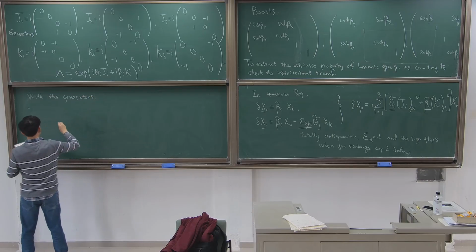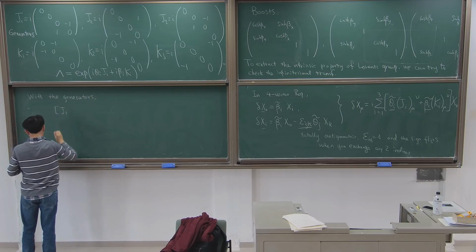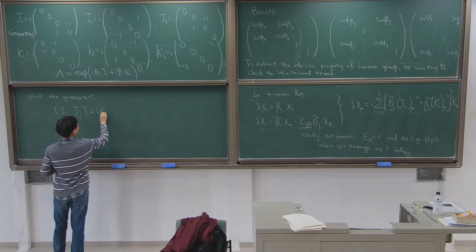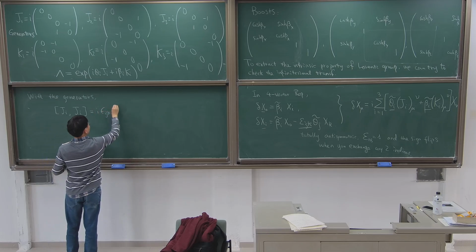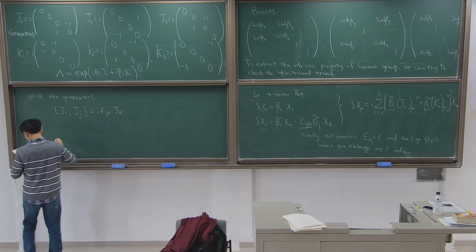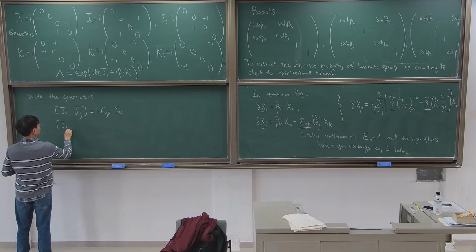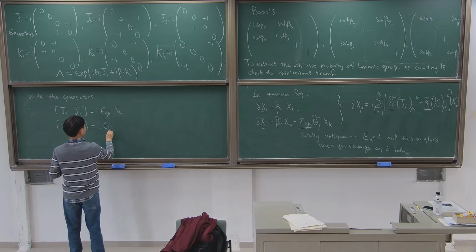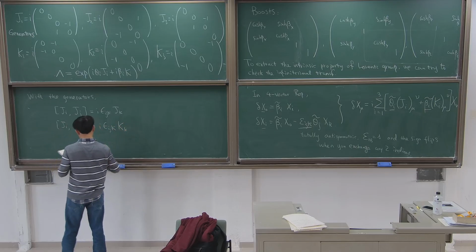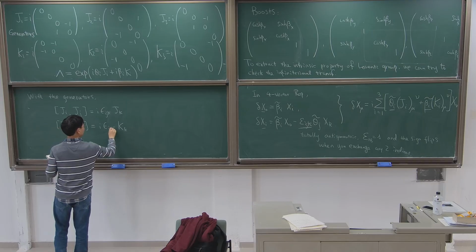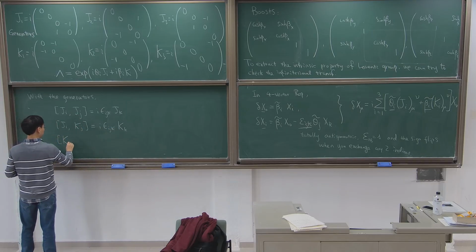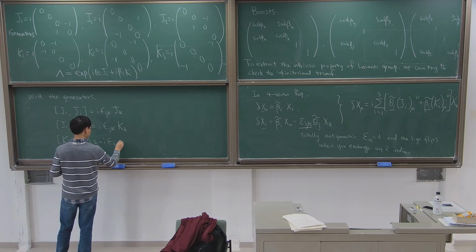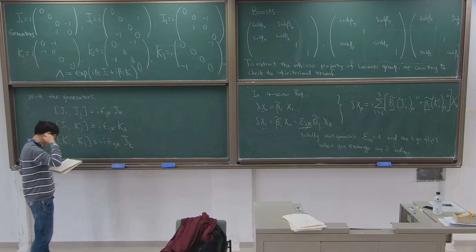So with the generators, one can check there are non-trivial commutation relations. Because the matrices are there, you can easily check it. There are commutation relations.